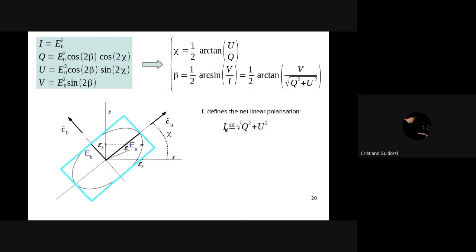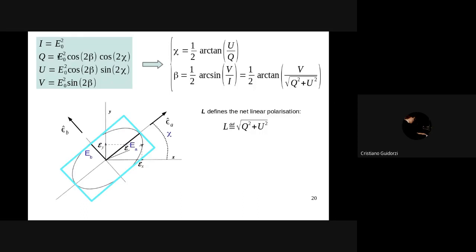What does this mean? Well, this is telling you how much stronger the A direction is with respect to B. In the extreme case of the largest possible value for L, for a given intensity, beta is 0, for example.